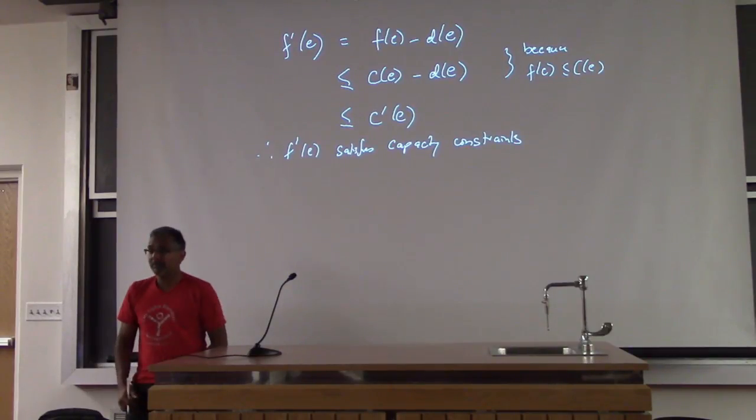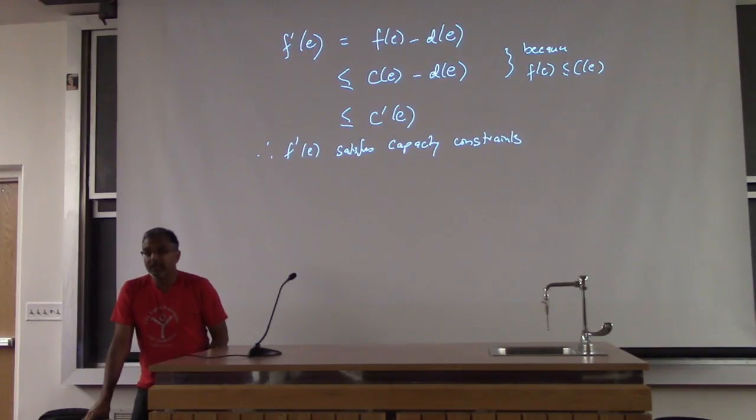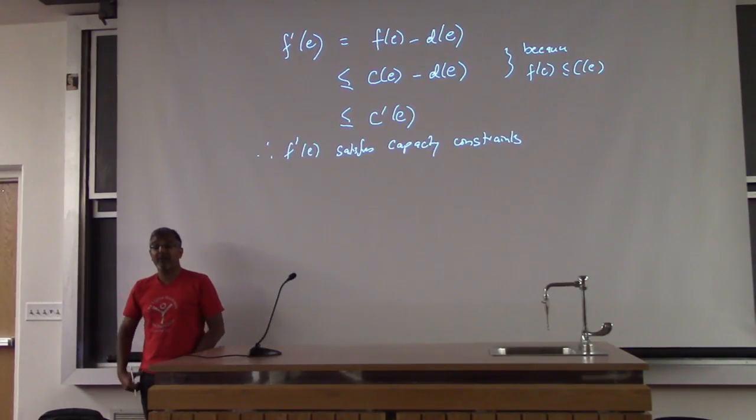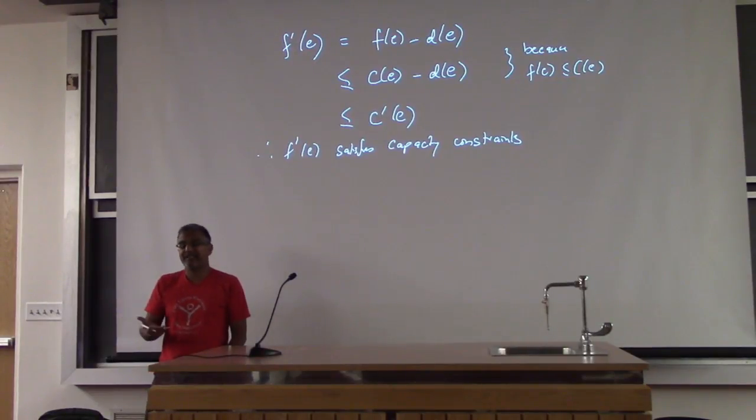But what about the other edge? Yes? What if the demand is negative? Can it be negative? In this formulation of the problem, if the demand is negative, that's like saying the flow should be at least minus 5. Since in any flow problem the flow is always at least 0, this is trivially equal to the actual flow problem.